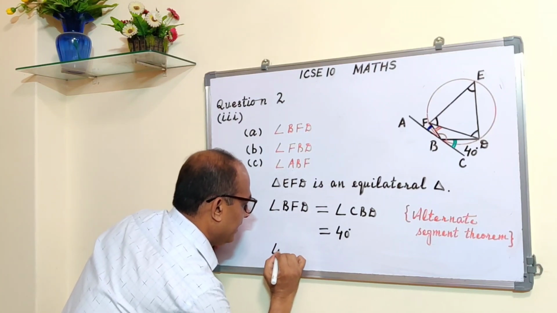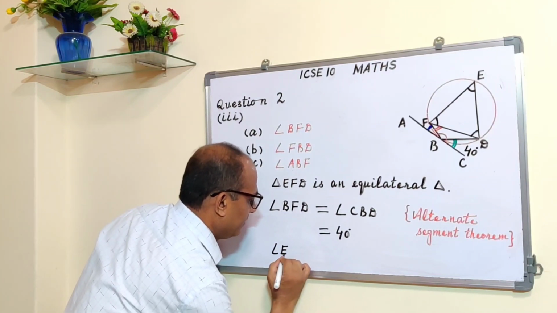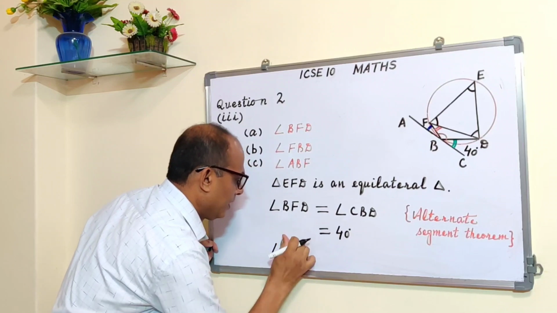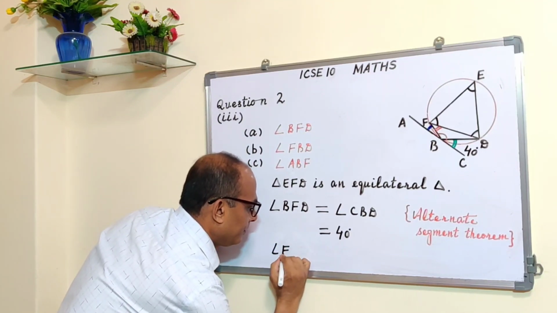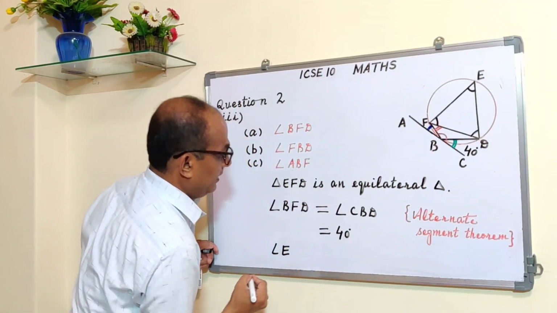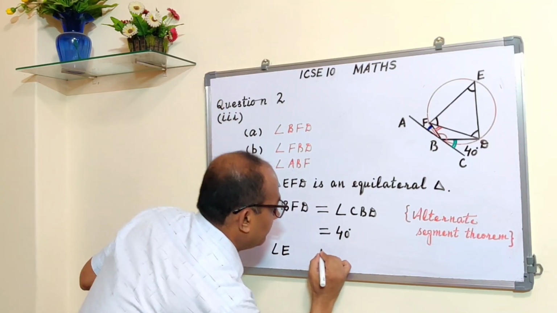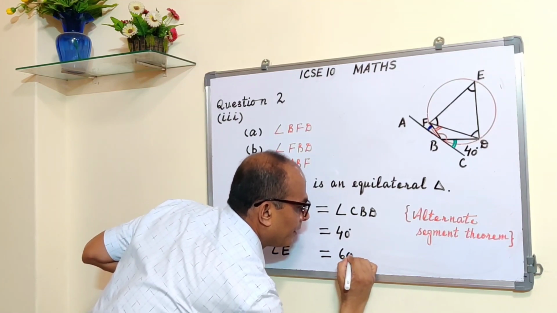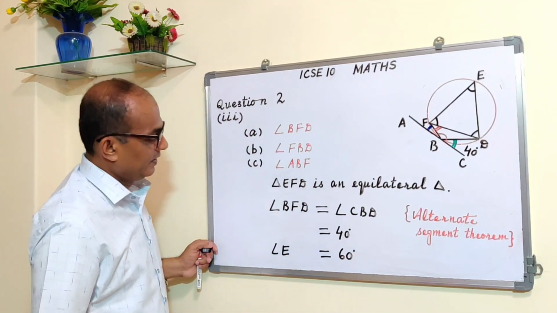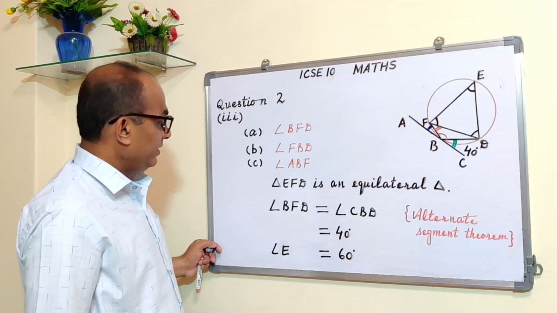Angle E is equal to 60 degrees. Reason? What is the reason?